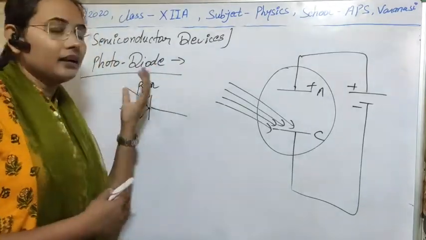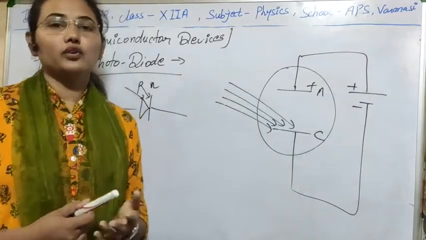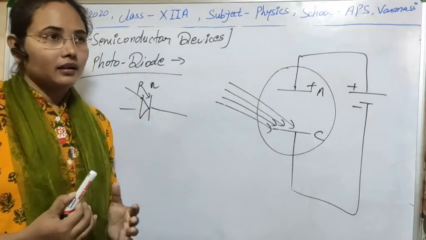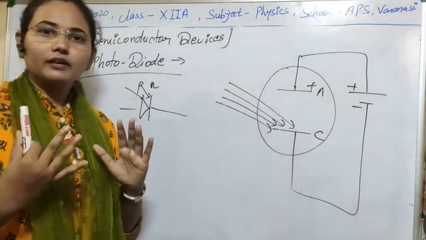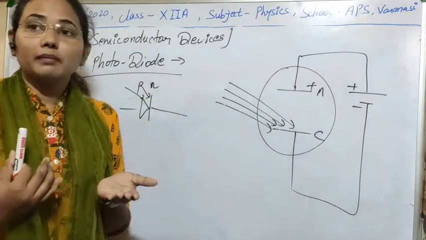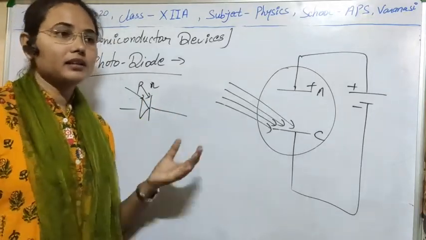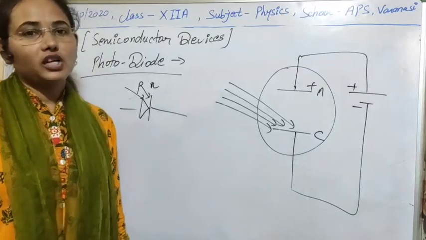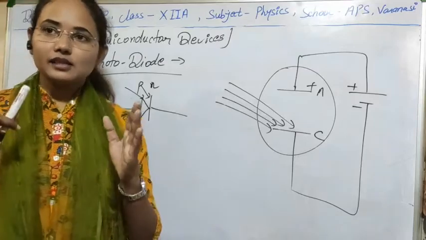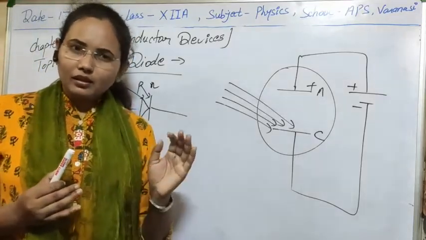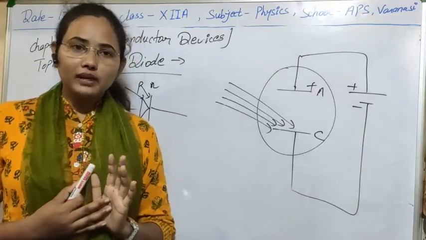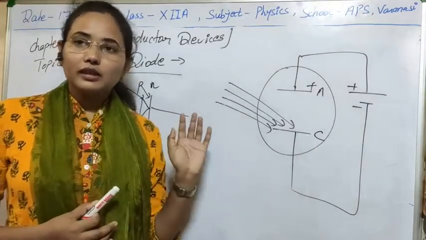Here we are using the law of photoelectric emission, because the law of photoelectric emission tells us that if there is incidence of light of suitable frequency and suitable intensity on a metal plate, then there will be emission of charged particles or electrons. In the same manner, in the junction we have acceptor and donor ions, and there are covalent bonds.